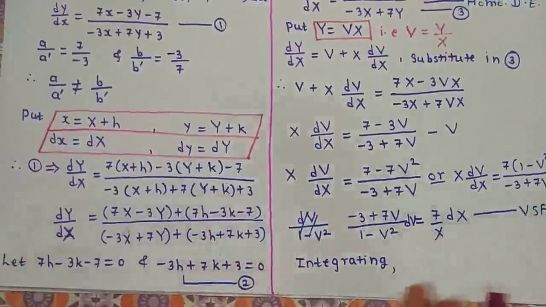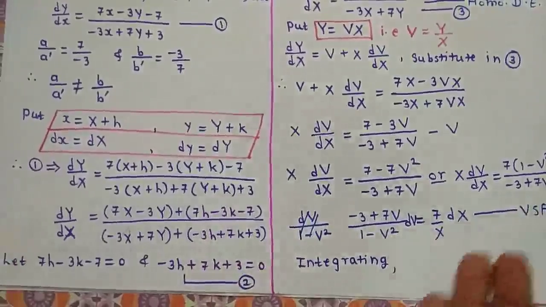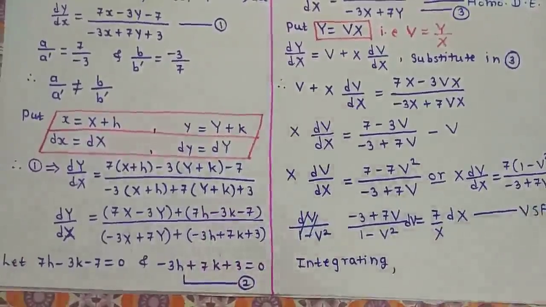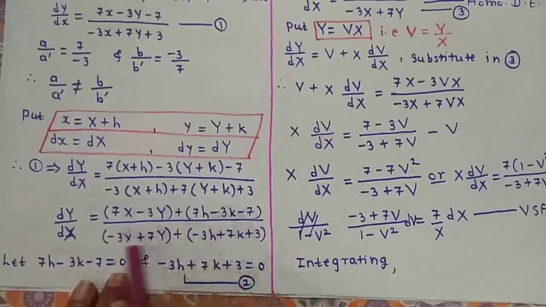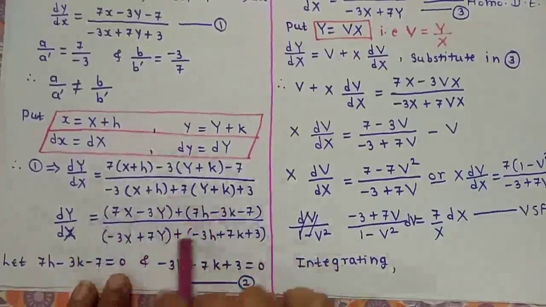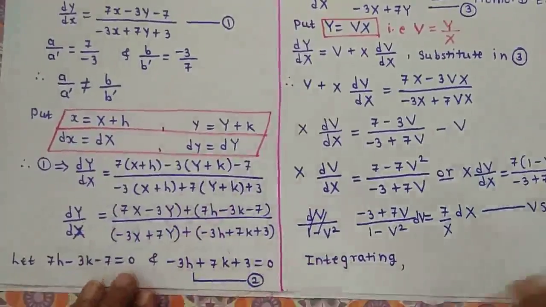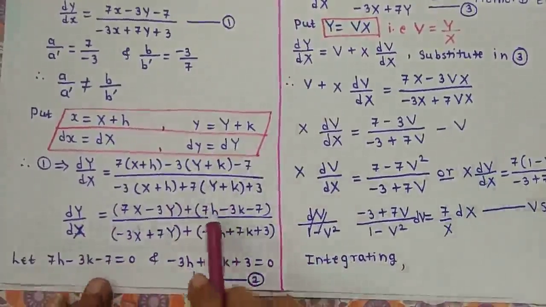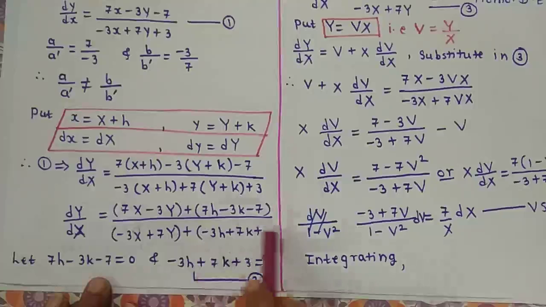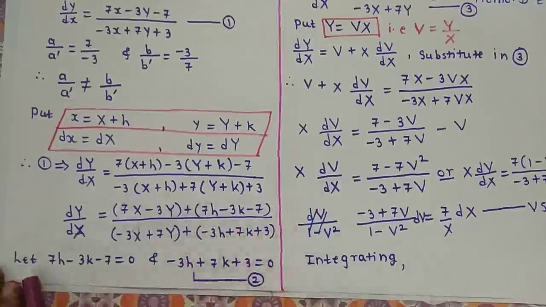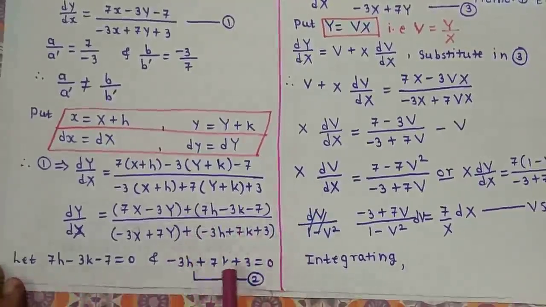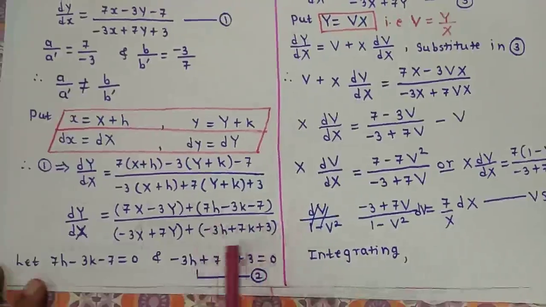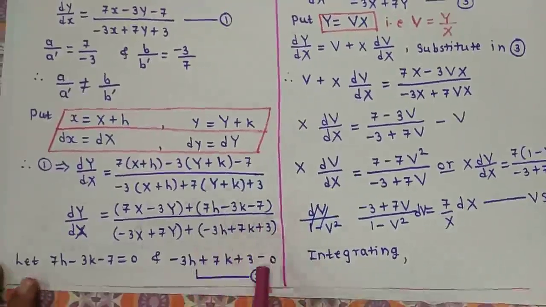Now we collect only terms of x and y in one bracket, and we collect constant terms in another bracket, and hence this differential equation can be written in this form. Okay, and we choose values of h and k so that these two terms become 0. Hence we assume this first equation equals to 0 and this, minus 3h plus 7k plus 3, that is this bracket of constants, equals to 0.